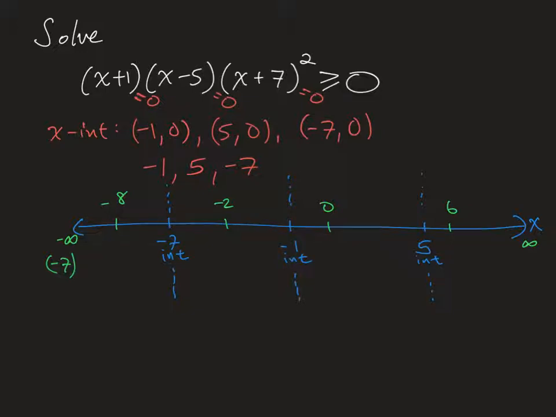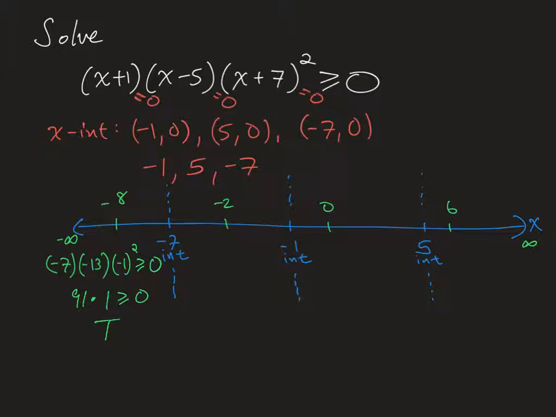If you substitute -8 in for this x, -8 minus 5 is -13. If you substitute -8 in for this x, you get -8 plus 7, which is -1, and it's being squared. So don't forget to write that square, greater than or equal to 0. So let's see, -7 times -13 is +91. -1 squared is +1, greater than or equal to 0? True. It's definitely true.